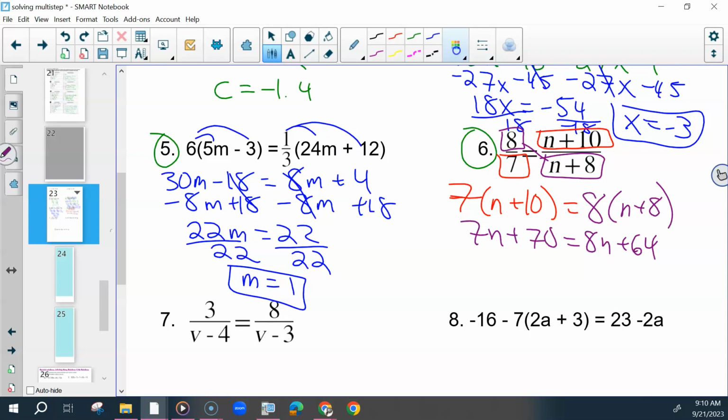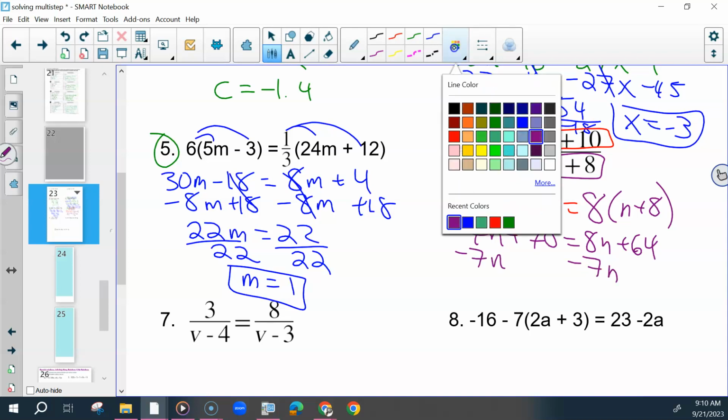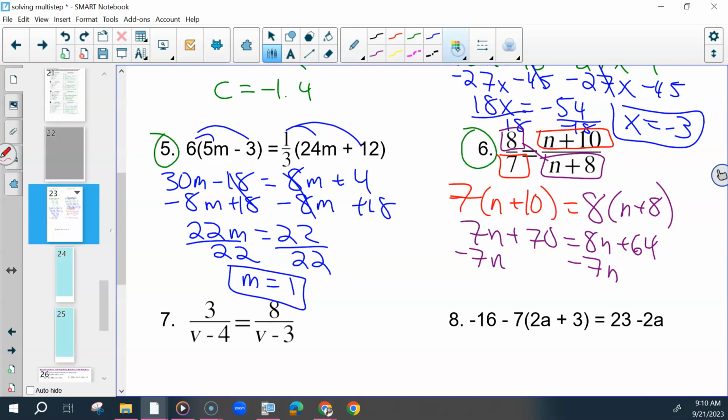What do we want to move first? When I choose things to move, I try and look for the easiest thing, or what would keep things positive.